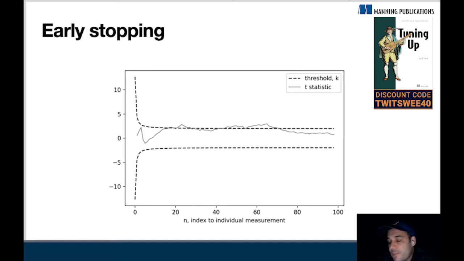Now, just from this graph, it might be difficult to get a sense of how bad this problem is, of how much you're increasing the false positive rate. But remember, first off, that the t-statistic itself fluctuates. You can see it fluctuating over the course of this experiment. It's got a little bit of noise to it.